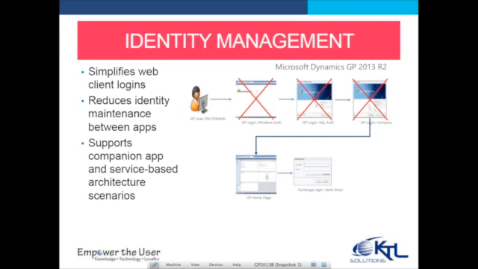So it's giving that true single login capability that a lot of us have been looking for over the years with GP, without the two logins, your network and SQL login. With the web, it can take you right into Great Plains. It's not there in the desktop client yet, but on the Great Plains web client, it is there in R2.